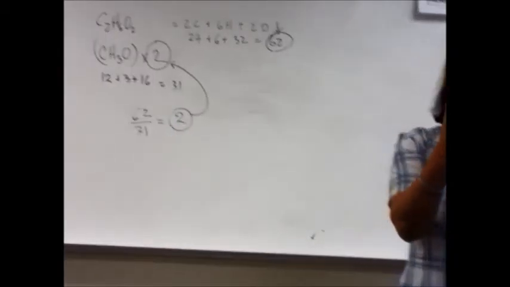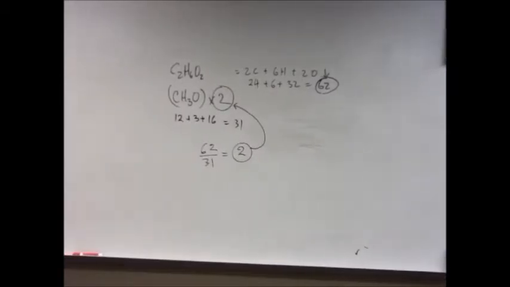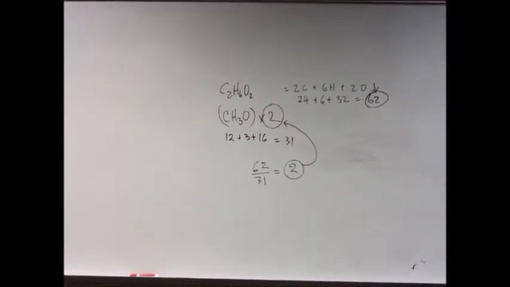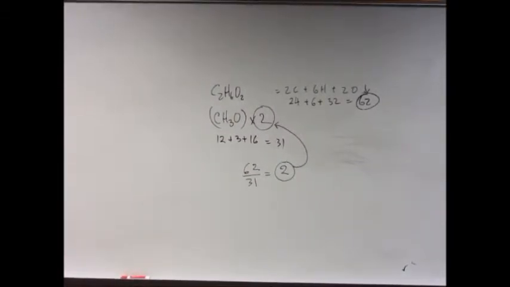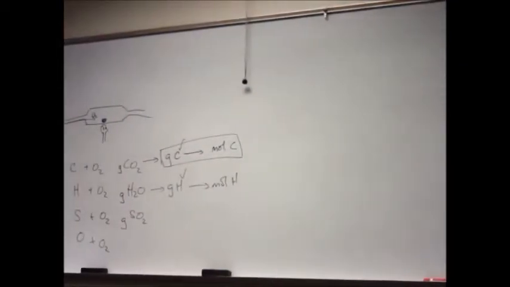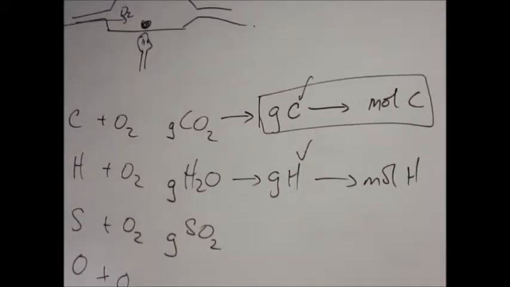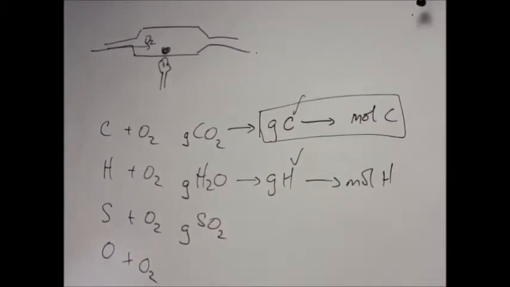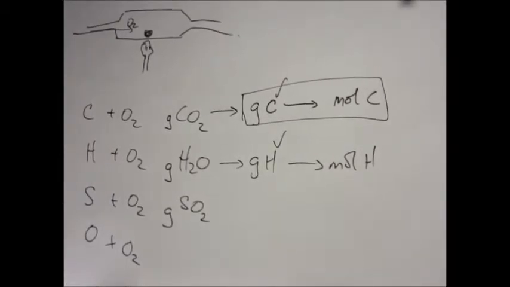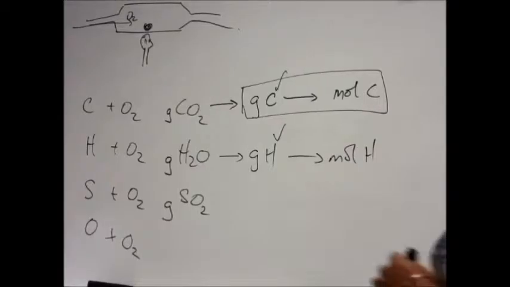Both of them work hand in hand, and depending on which journal you're publishing in or where your research is going to go, you will need either the elemental analysis or the mass spec. If you have a really good mass spec, then you don't need elemental analysis. You just need to know how to calculate a formula from mass percents. That's pretty much it for elemental analysis.